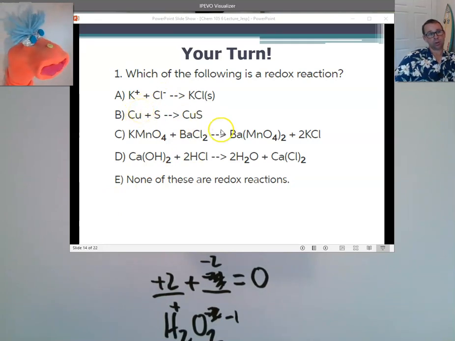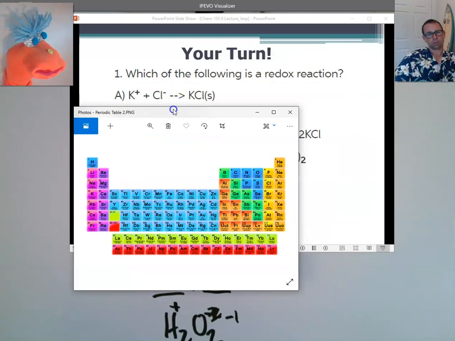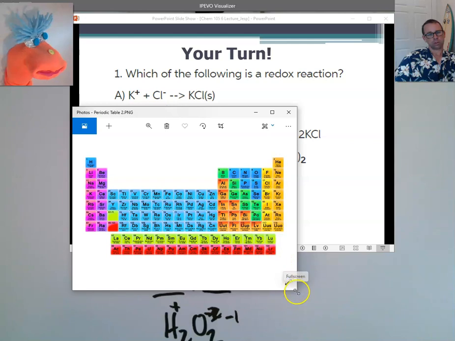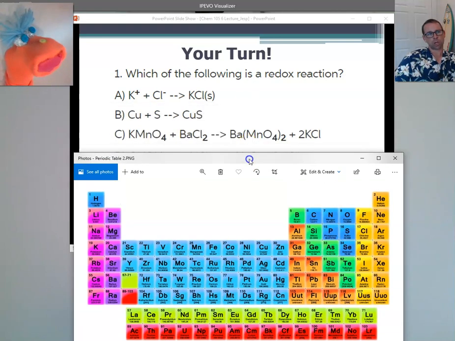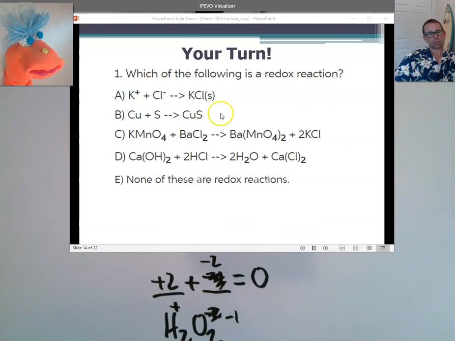And then over there it has minus, where's sulfur again? Here's the periodic table. Sulfur's right here. Sulfur has a -2. So copper has a +2 there, +2 charge. Very good. So B is our answer.